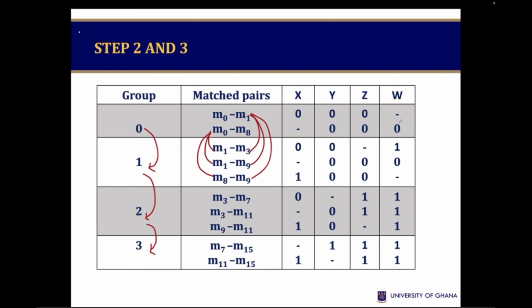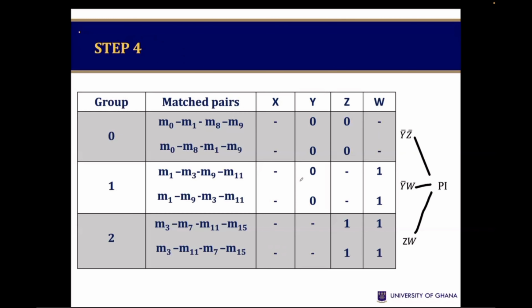They already have dash here, and dash here, right? So this is what we are going to get. So you see here, M0, M1 matches with M8, M9, and they differ in this position. This is still intact. We don't touch this. They differ here. So now we have 2 dashes, right?